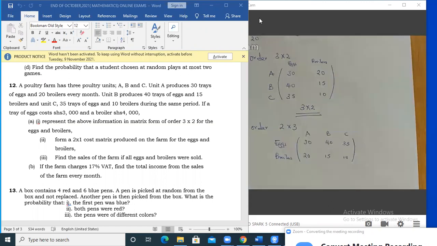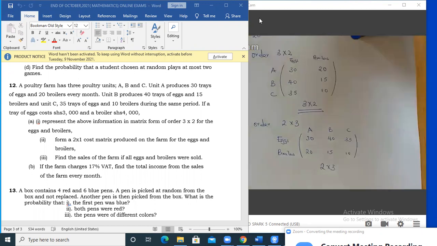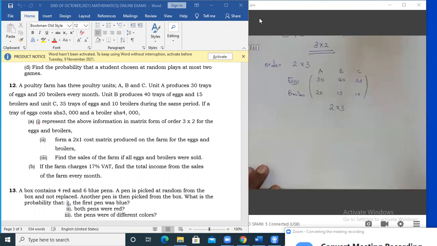This one is 2 by 3. Are they the same? No. Yes, very good. Take note of that.